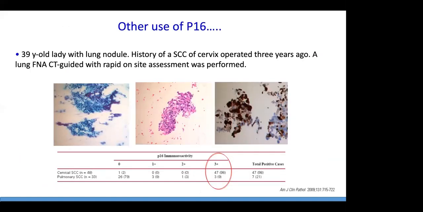P16 could be useful in distinguishing a primary squamous cell carcinoma from a metastatic squamous cell carcinoma from the cervix or head and neck. If P16 is diffusely strongly positive, this favors metastatic squamous cell carcinoma rather than primary lung squamous cell carcinoma.